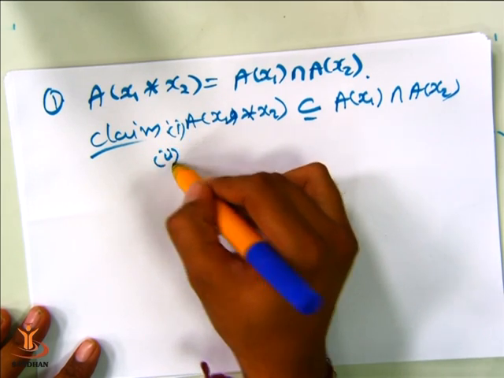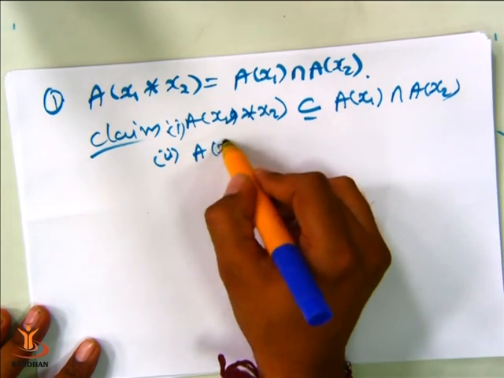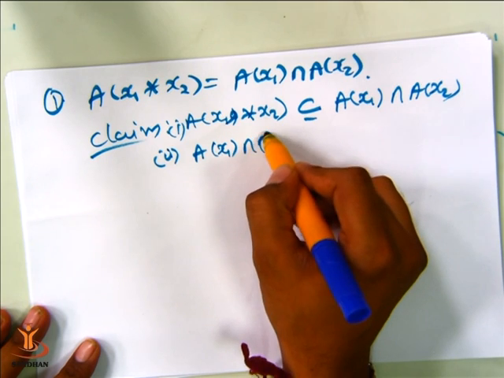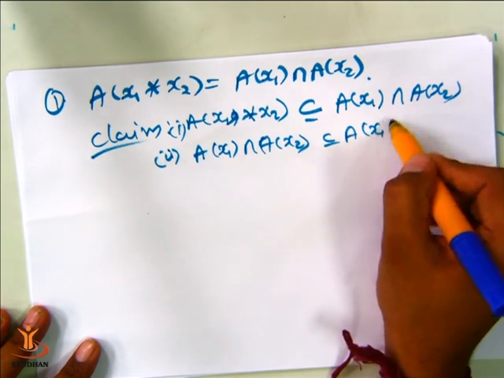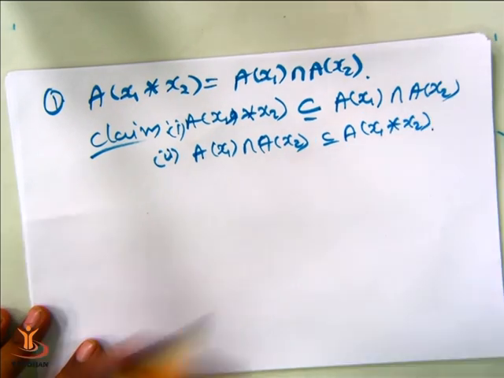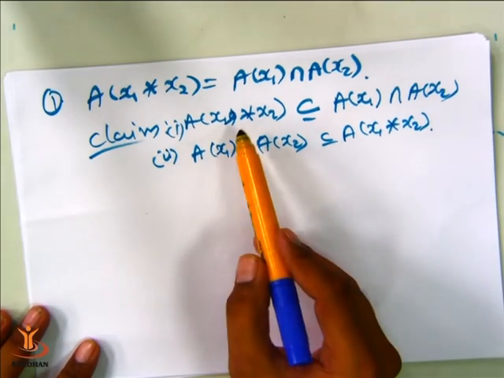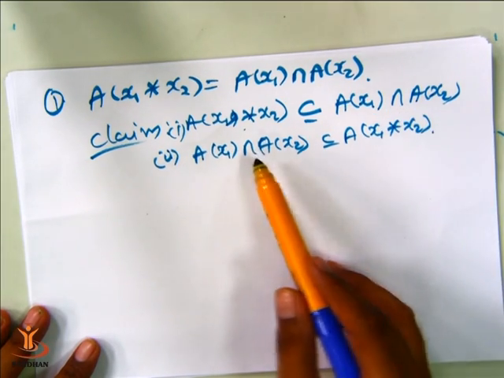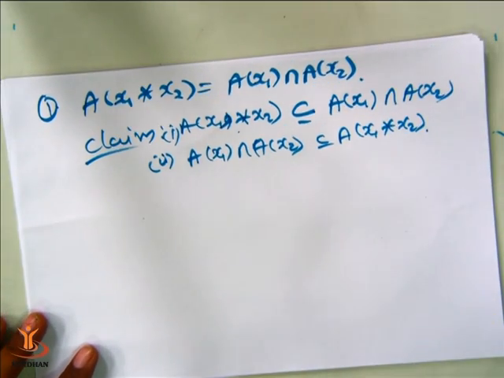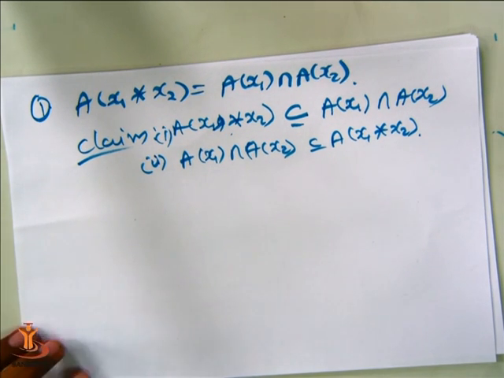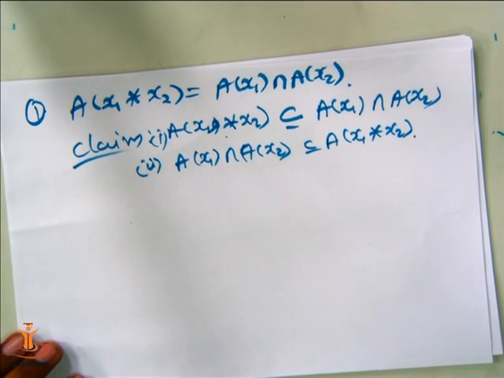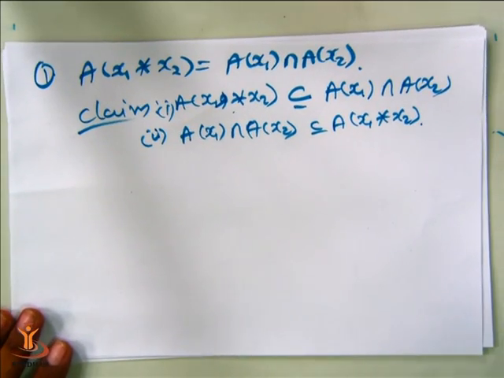And the second claim is that A of x1 intersection A of x2 is a subset of or equal to A of x1 star x2. Now here we want to prove that one set is a subset of another one and the other one is a subset of the first one. And if we prove these two, that means the two sets should be equal. That is from set theory of 8th standard.